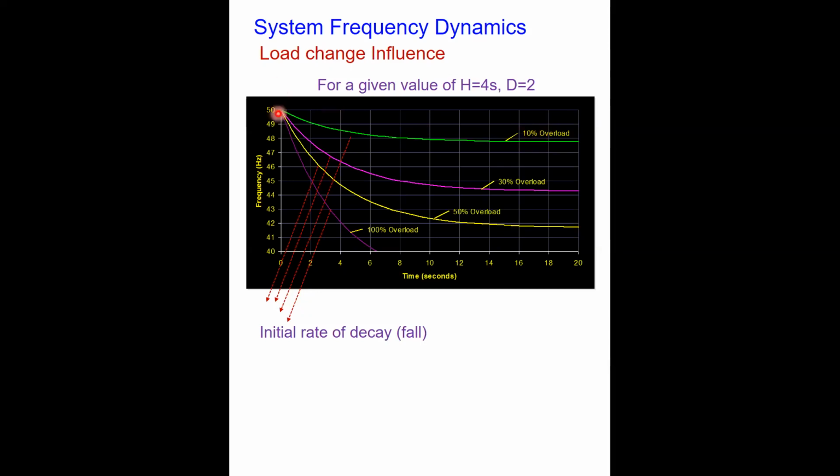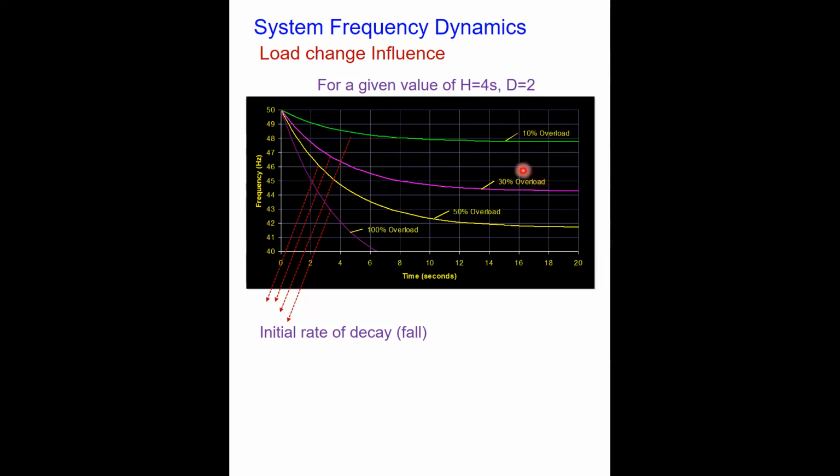Let's say you have a rated load applied, but you have more load on the generator. This graph of the frequency profile is shown for an inertia of 4 seconds and a load damping constant of 2 seconds here. If you consider a 10% increase in the load, overload, then this is the decay in the frequency.